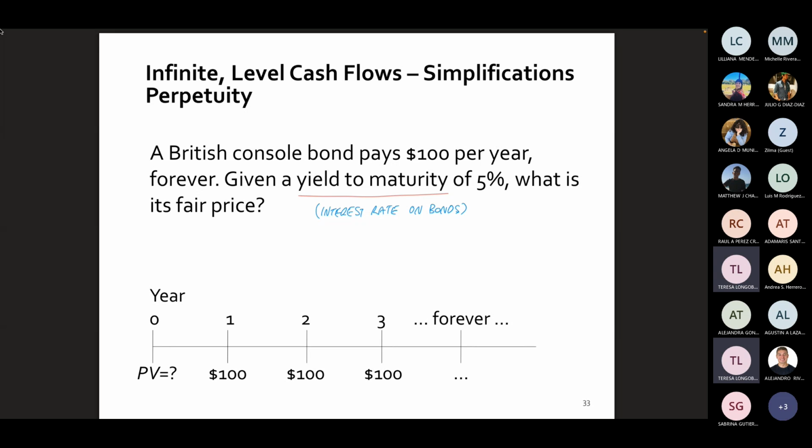A bond is structured with a rate of return or a payment. It can come as a set return. In this case, it's 5%, which works out to be $100 per year.